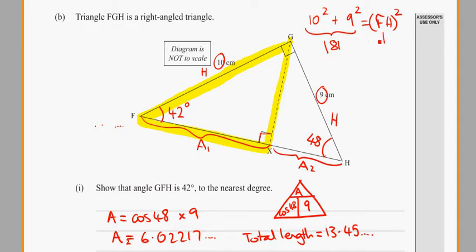And if we have a look at FH, which is that total length there, the 13.45, and we try squaring that, perhaps with some rounding, would be 181 as well, to the nearest whole. And that will just be because of the rounding, or which number you use there. So we've shown that Pythagoras' theorem works, that this one squared plus this one squared equals that one squared, and you would perhaps need a sentence just to explain what you've just found.